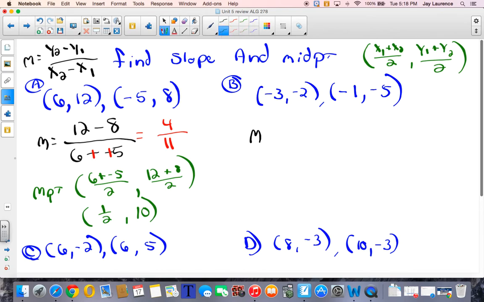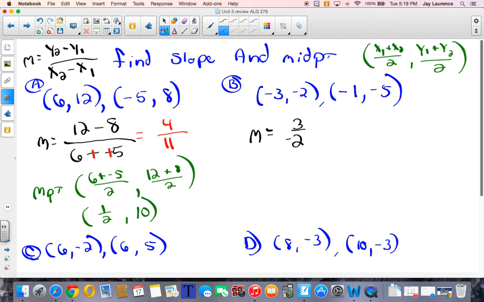My slope on this one is going to be 2 minus negative 5, so that's going to be a 3. 2 minus negative 5, because it would really be negative 2 minus negative 5. So negative 2 minus negative 5 is 3, because negative 2 minus negative 5 would change both of those. Okay. So we're going to put that over negative 3 minus negative 1.